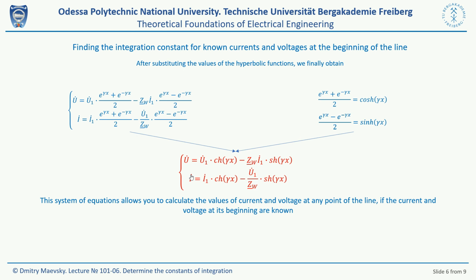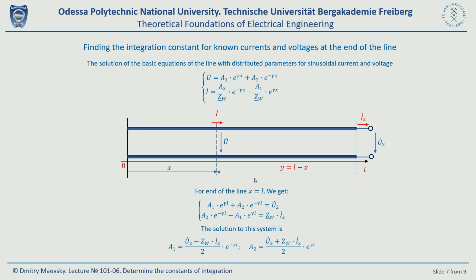And now let's consider the second case of defining the constants of integration. As we have already said, the second case of determining the constants of integration is possible when the voltage and current at the end of the line are known.